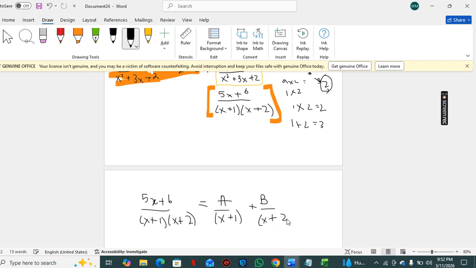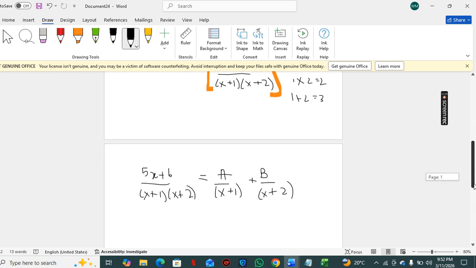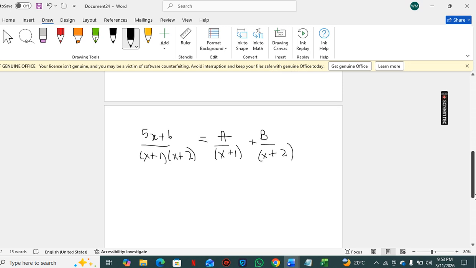Okay. A over x plus 1 plus b over x plus 2. So we need to find the values of a and b. That's what we need to do next.